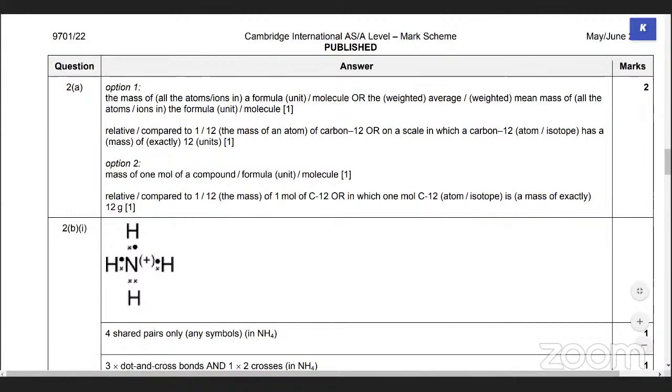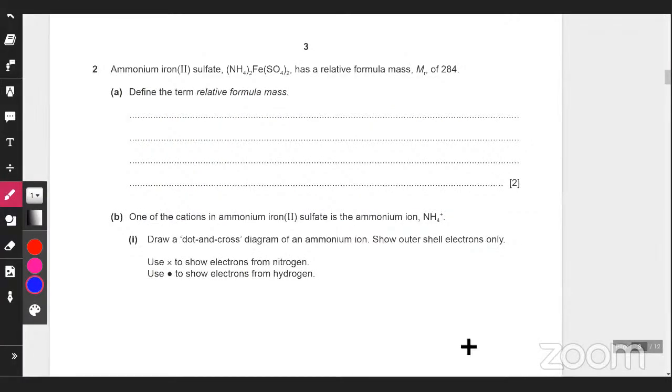But one thing that needs to be written over here is that it's the average mass. That's very important: it's the weighted average. Whenever you see the term relative, it means you're taking the average mass, because remember you have isotopes as well.